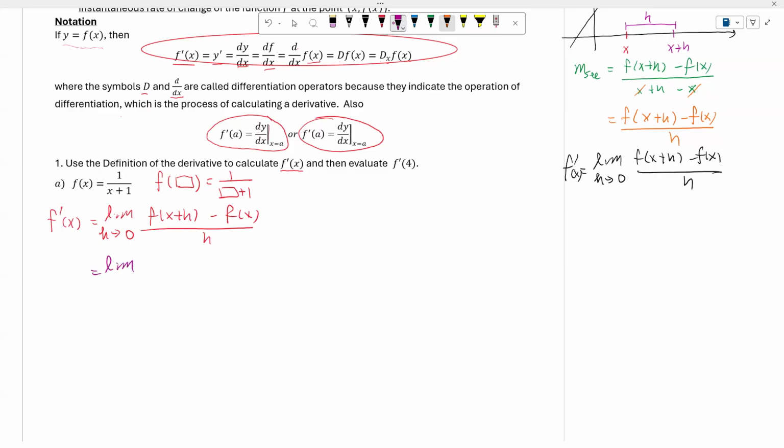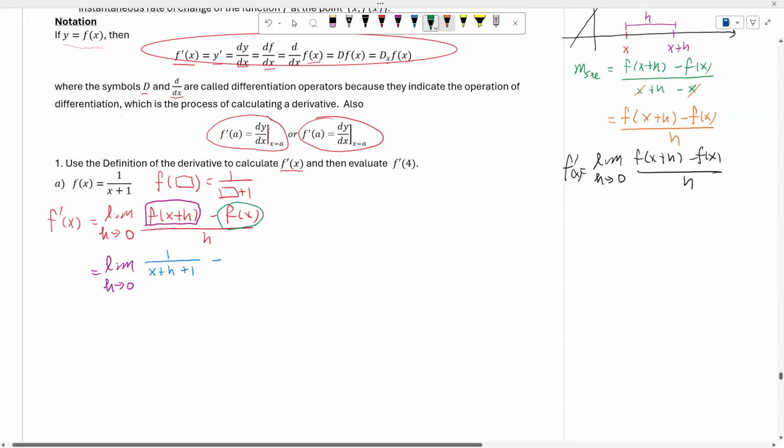It is equal to the limit as h goes to 0 of, f of x plus h is equal to 1 over x plus h plus 1, minus f of x, which is 1 over x plus 1, all over h.